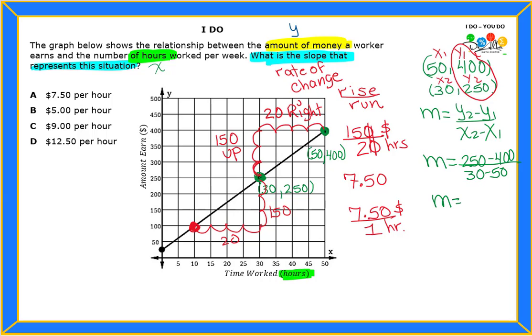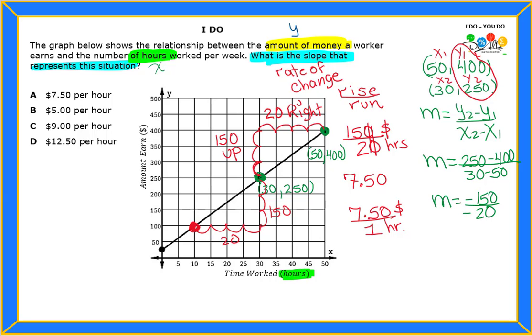Now remember, it doesn't really matter which point you choose as being the first one, because that goes back to the way that I went in the opposite direction. Instead of going up, I went down. So 250 minus 400 is going to be a negative number. It's okay, don't panic. Hold on. What's 30 minus 50? Another negative number.